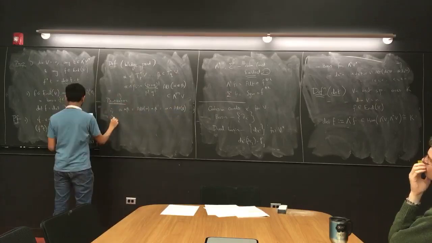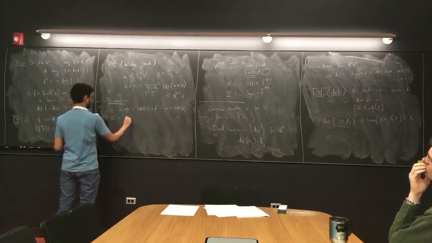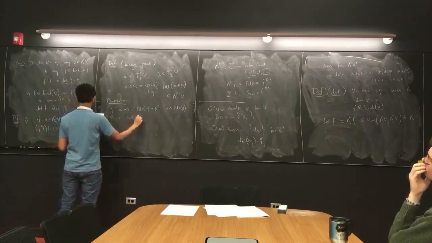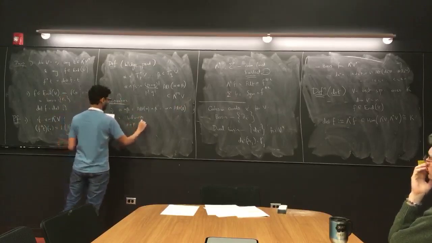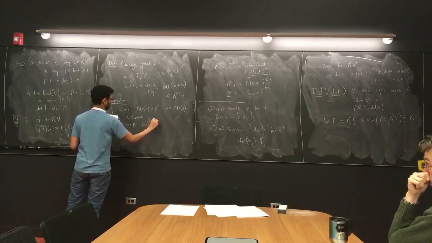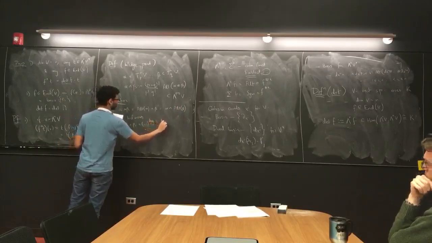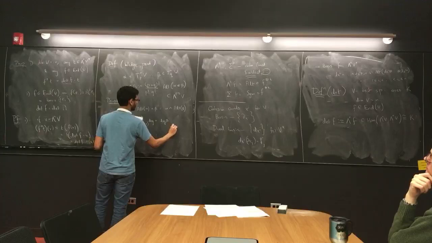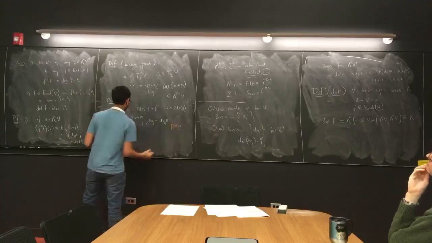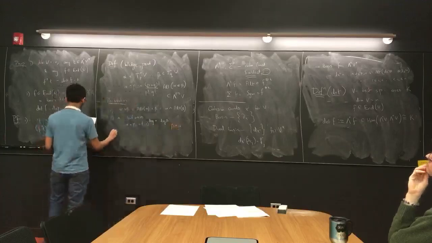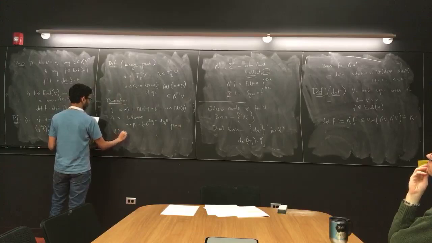Pretty trivial. Wedge is a bilinear product, with alpha wedge beta equal to (-1) to the degree of alpha times degree of beta times beta wedge alpha. Three, associativity.